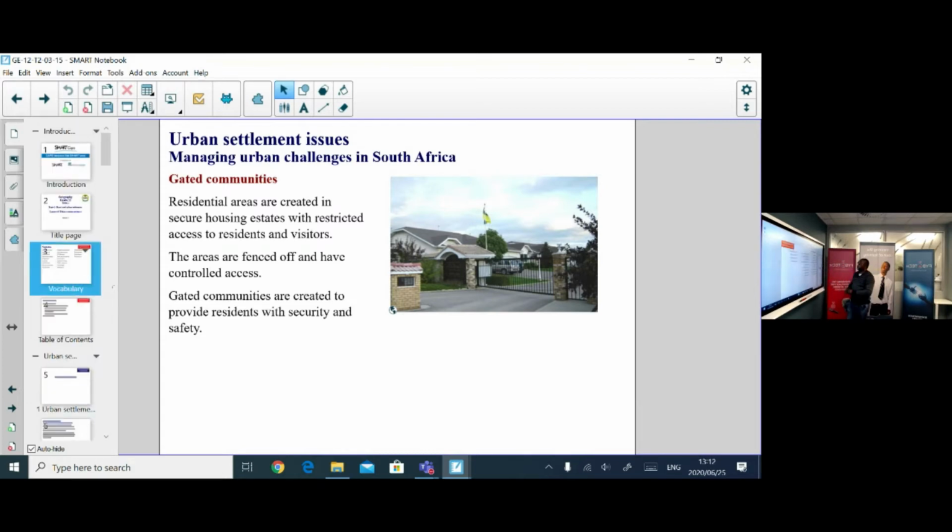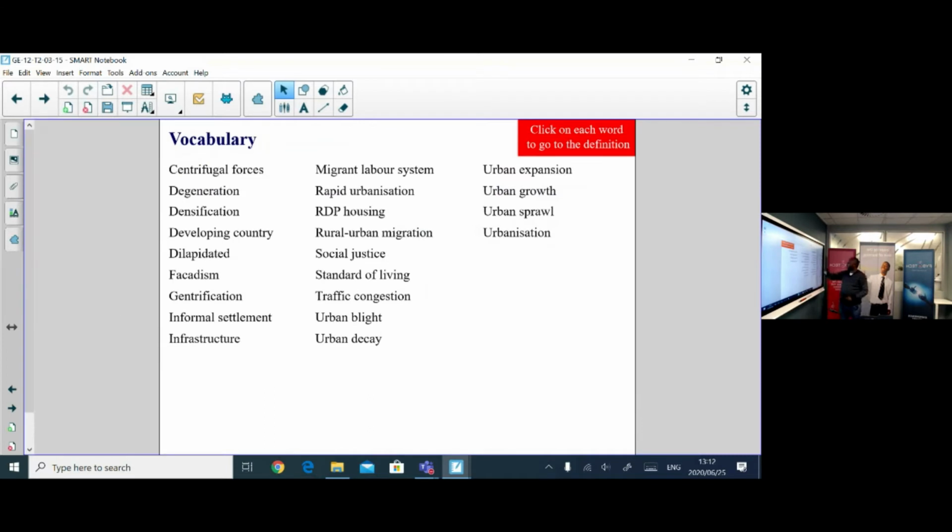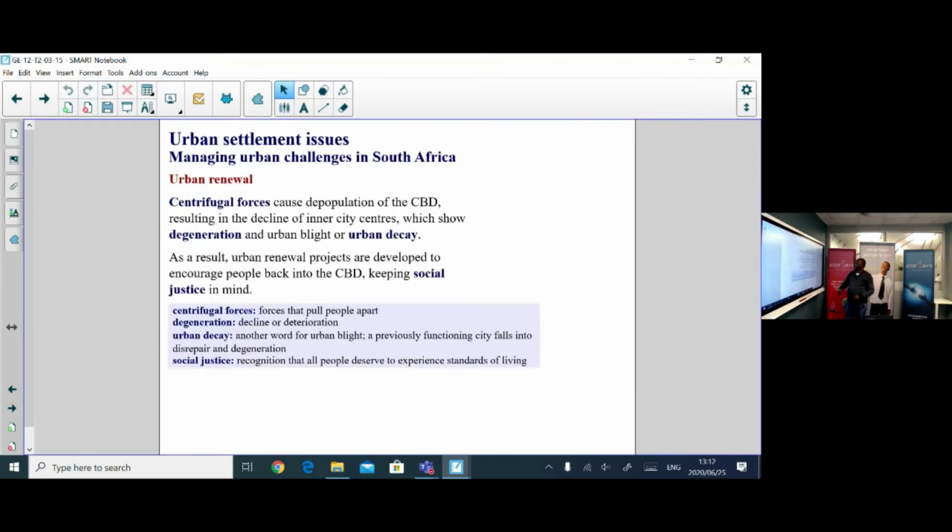Let's come back here. Then when we look at degeneration, we are looking at decline or deterioration. Then when we look at urban decay, it's just another word for urban blight, which means a previously functioning city falls into disrepair and degeneration.